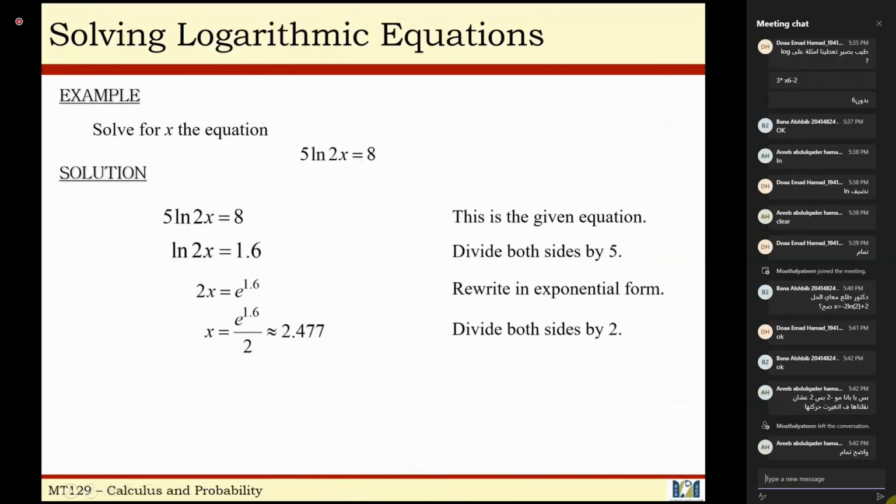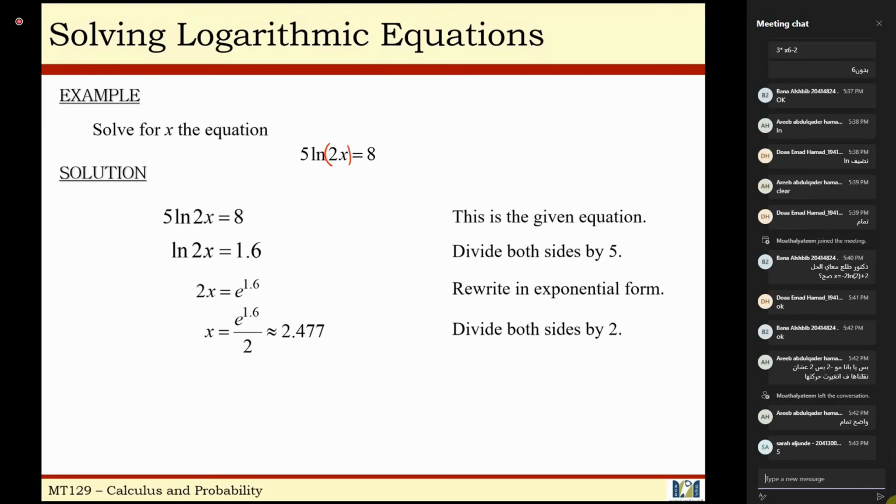Here, 5 ln 2x, so this is 2x inside the ln, equal to 8. Now can we take the e for both sides directly? No. Why? Because the ln is multiplied by 5. So the 5 must be removed. So divide both sides by 5.